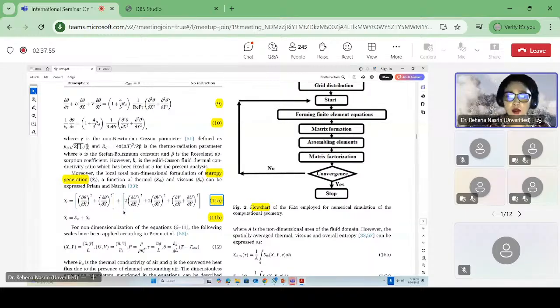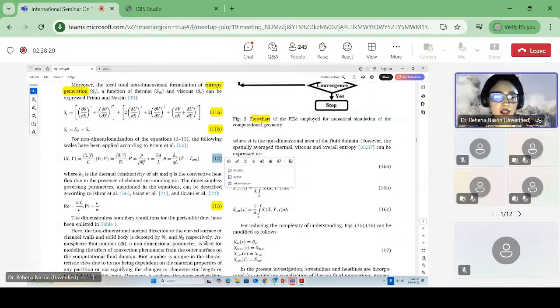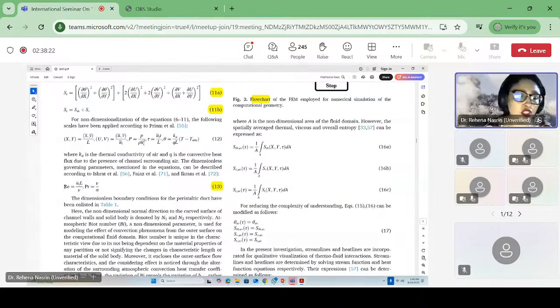Our objective is to reduce the entropy generation, so that the maximum energy produced, we can use in our system. So this is the entropy generation part, 11A, 11B, and also these are the non-dimensional equations, that is the transformation part, and also these are the non-dimensional numbers, Reynolds number, Prandtl number. You all know these equations.